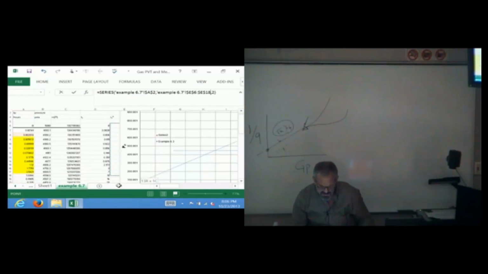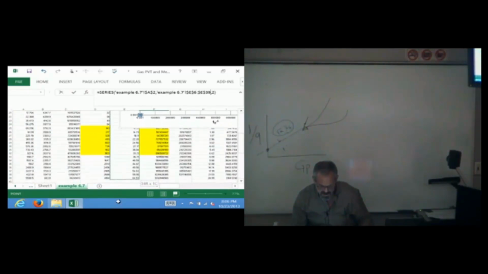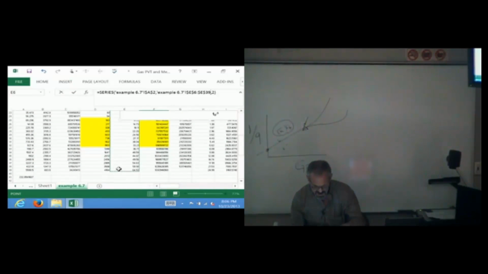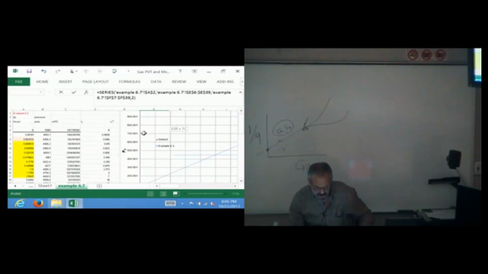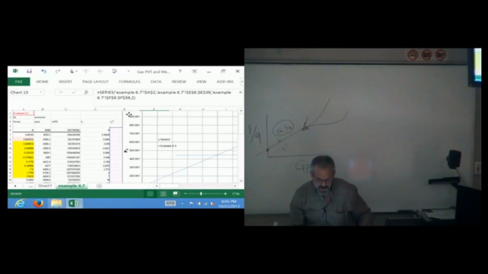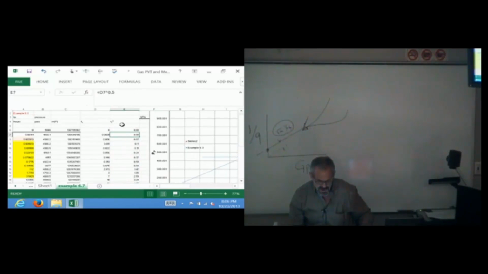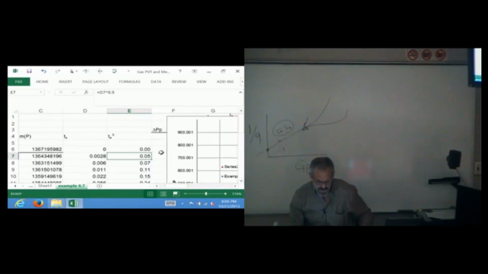Okay, square root of time. I think I can even have my 0 point. Versus, comma, pseudo pressure. I'm taking the square root of my apparent pseudo time.